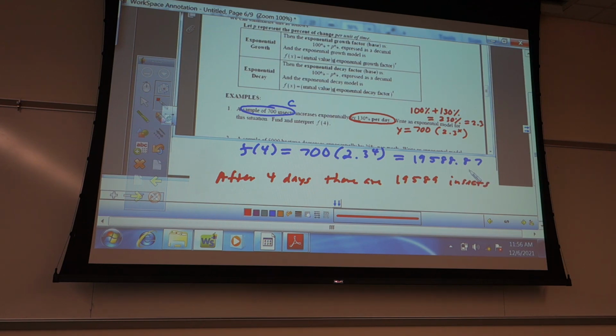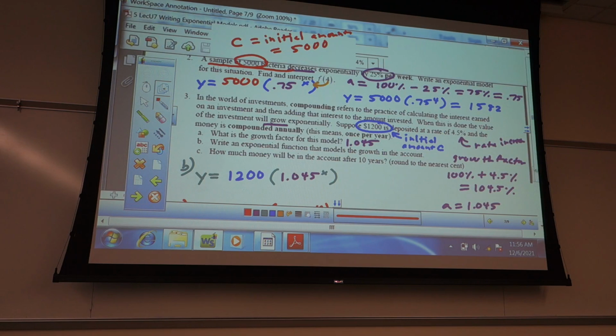Well, we rounded it. 0.87, so you rounded. Okay, good. And then this one here, number 2. Ryan, how would you interpret number 2? It would be 1,582.031 after.